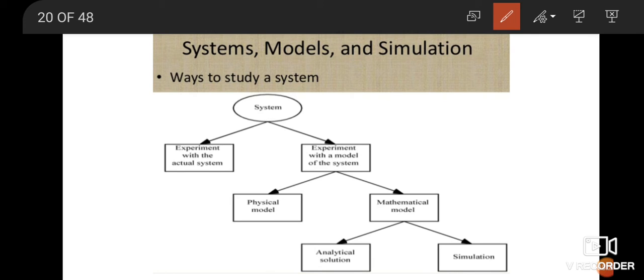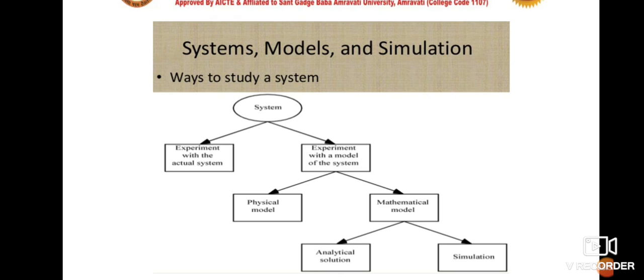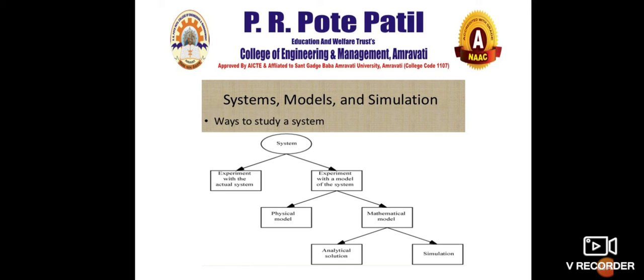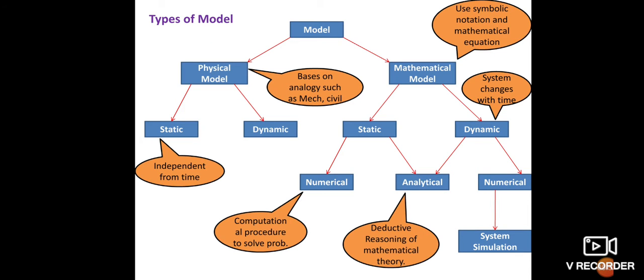You are putting in the variable, you are increasing the variable, and so many things. Suppose you want to study the effect of thermal stresses on a particular system during any kind of metallurgical operations like hardening, tempering, etc. At that time, what would be the effect of one parameter being improved, one parameter being reduced? That you can study with the help of certain models. That is what you call simulation.